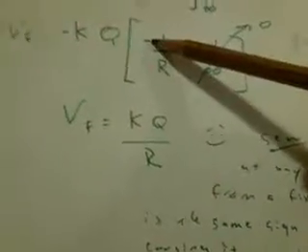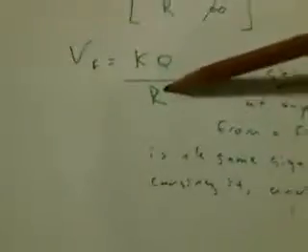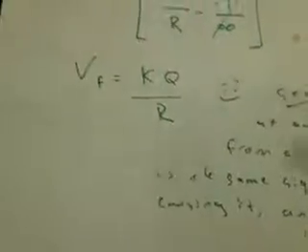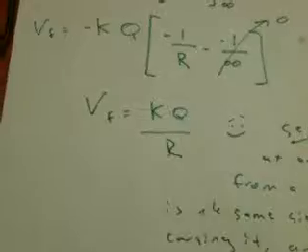So this negative then will kill that negative, and I get KQ over R, which should make sense. That's the voltage. This is a derivation you might bump into on occasion in certain tests, to show that the voltage at any given distance from a point charge is KQ over R.